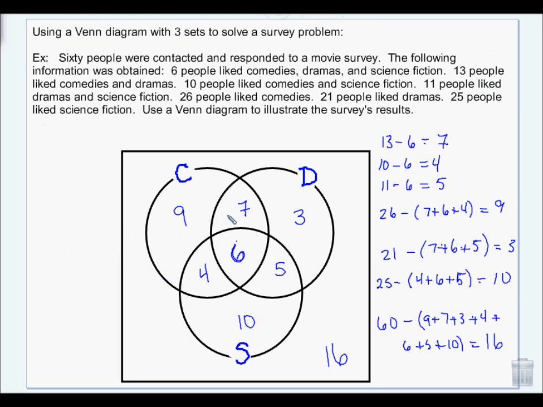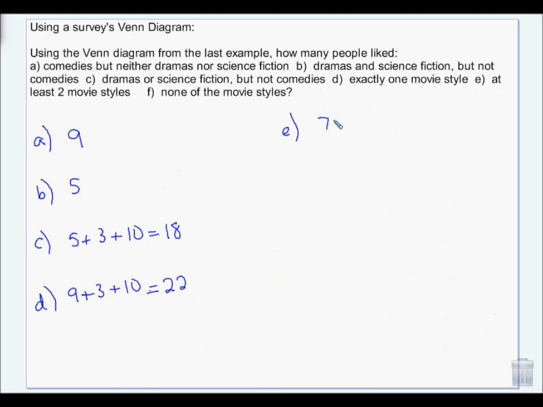That's these footballs. These people like at least 2 movie styles. So you have 7 plus 4 plus 6 plus 5. So that's 22. And then F, how many people don't like any of the movies? That was that 16 that was not in the circles at all.